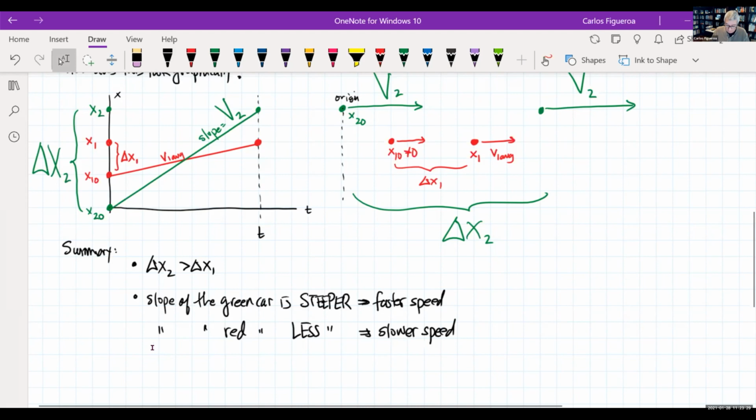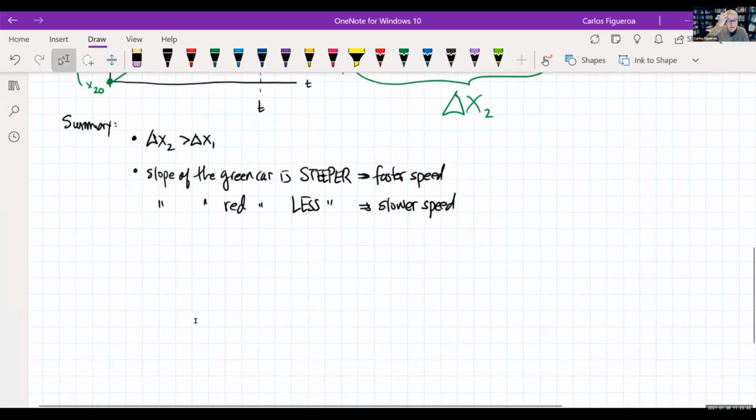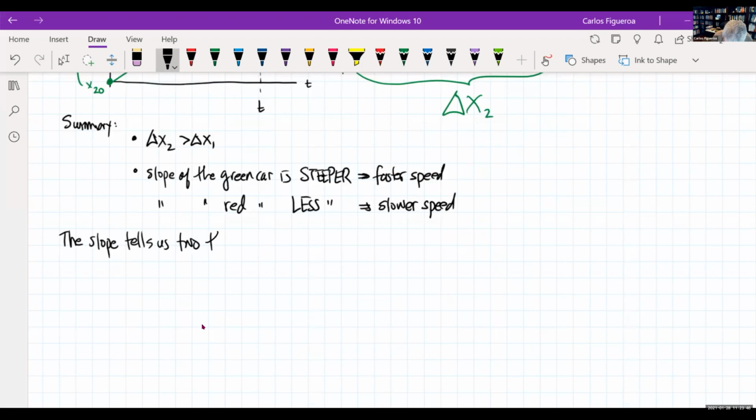Okay, so now what I want to do here is go in and talk about the slope. The slope tells us two things.